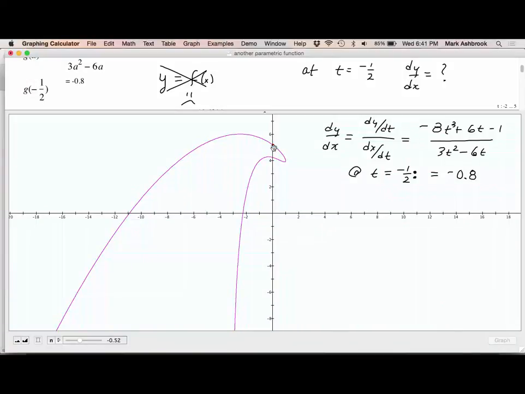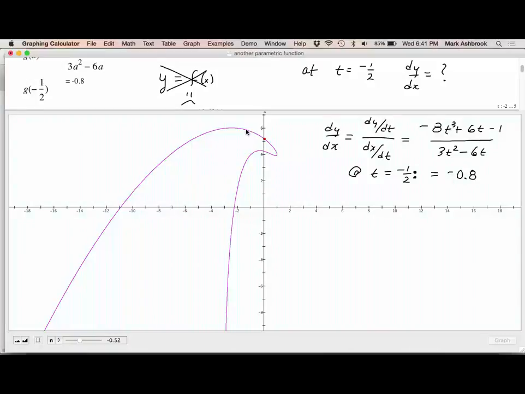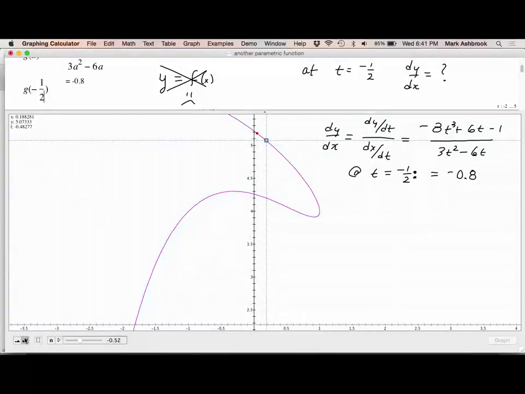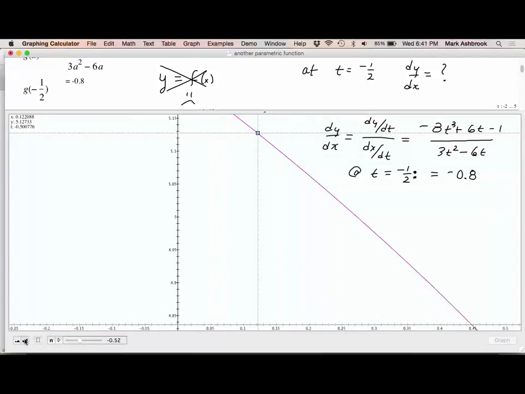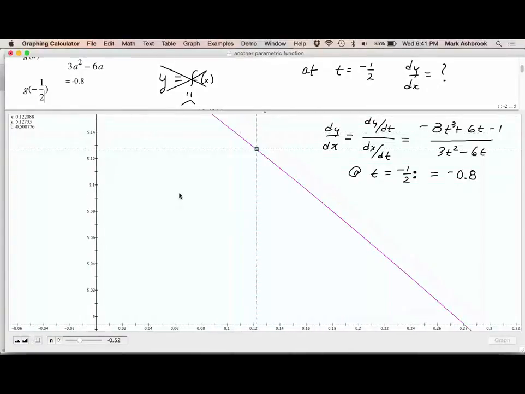It's about as close as I can get. Right there. So does that confirm the number that we got?